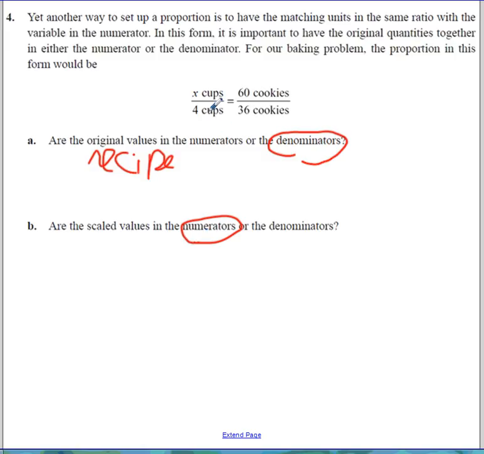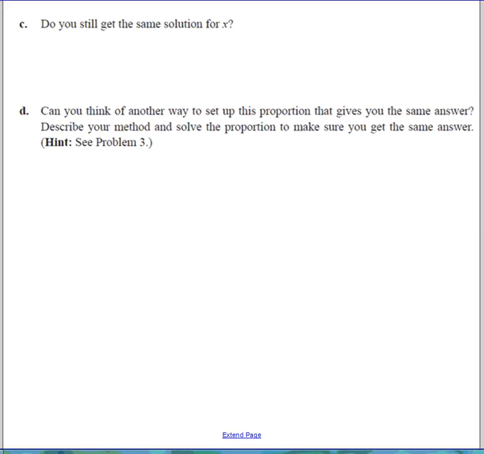So we have scaled cups over original cups equals scaled cookies over original cookies. And again, if you notice our cross multiplication, we have 36 across from the x as well. So yes, we will still get the same solution even if we put the same units on the same fraction.